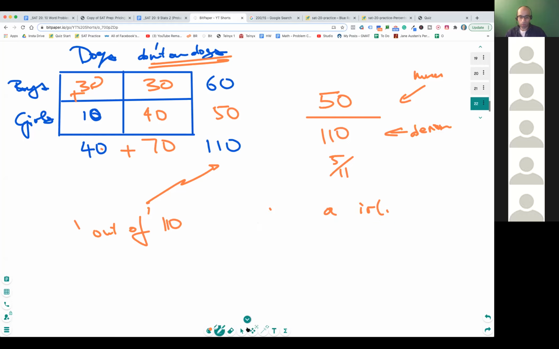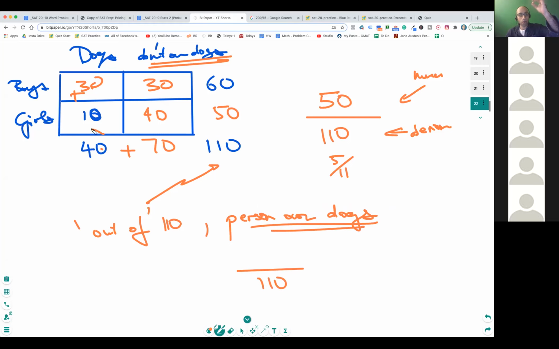Now out of 110, what is the probability that you survey someone and the person owns dogs? Again, it's out of everybody, a person picked at random, and the number of people owning dogs is right over here.